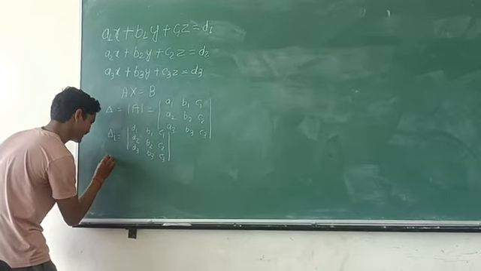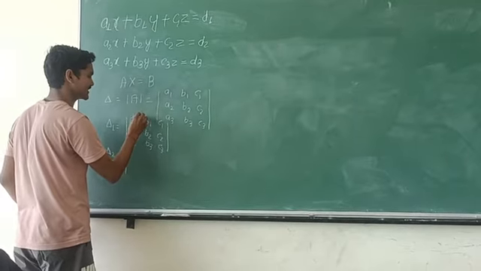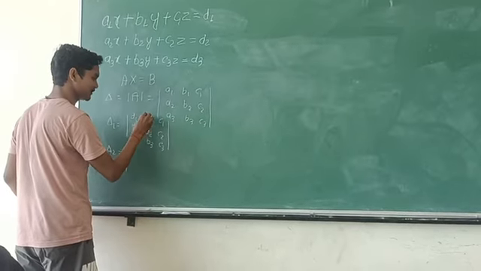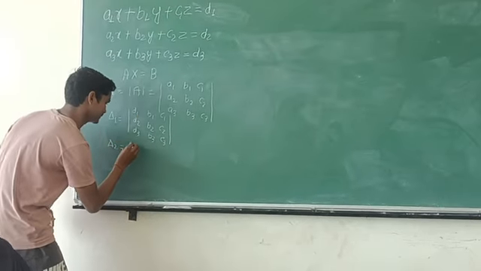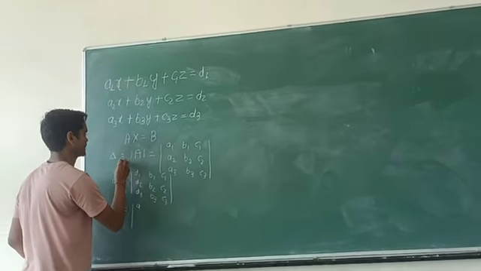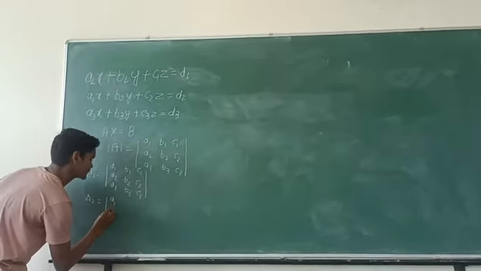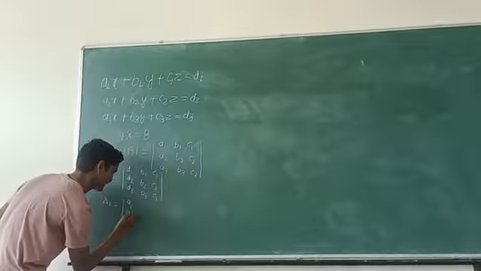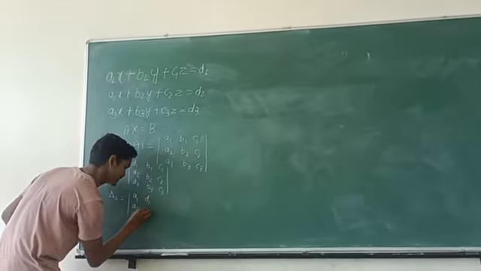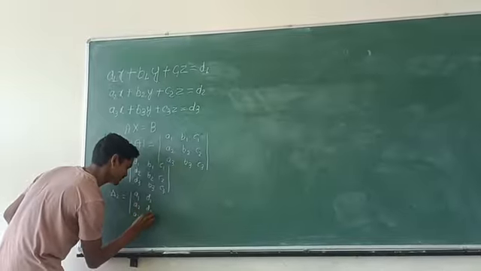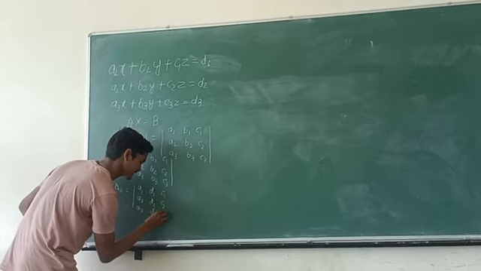Similarly, delta 2 is defined by replacing only the second column with matrix B in delta: A1, A2, A3, then D1, D2, D3, then C1, C2, C3.